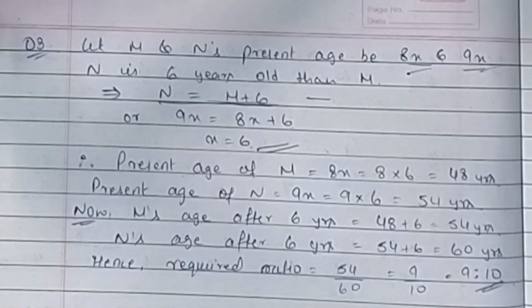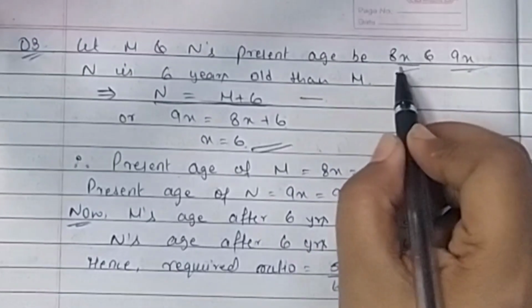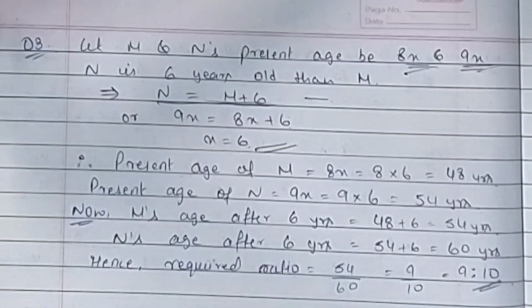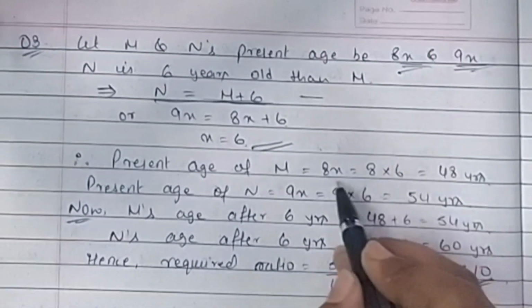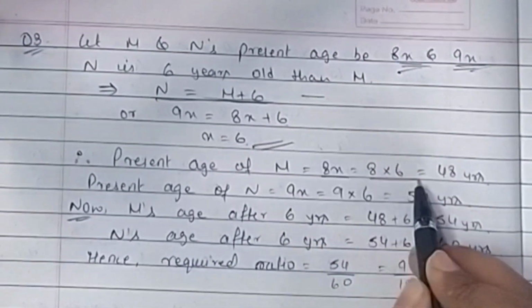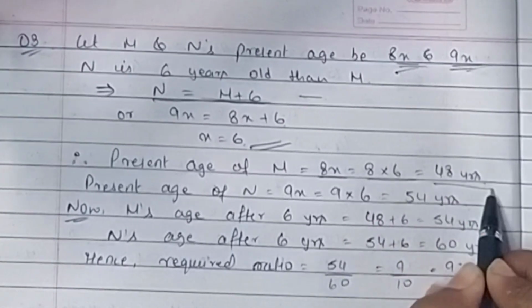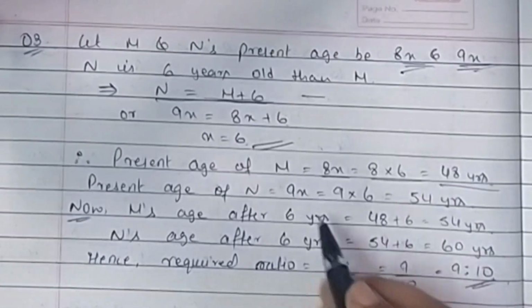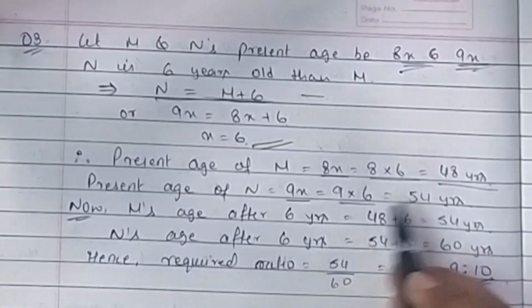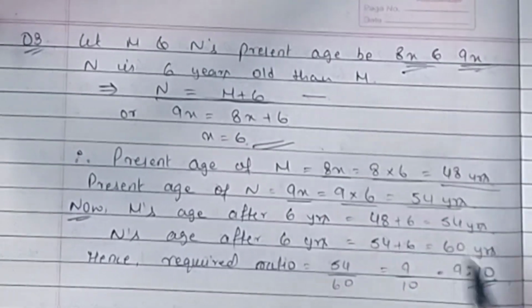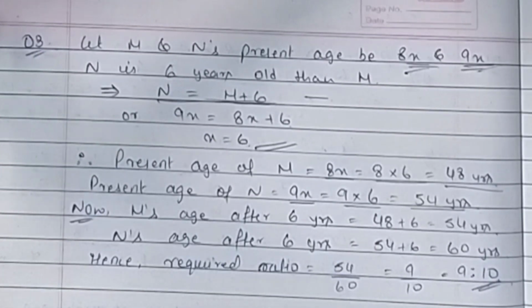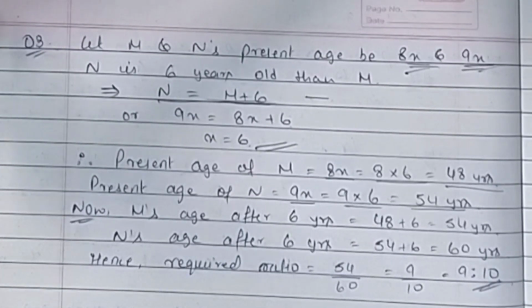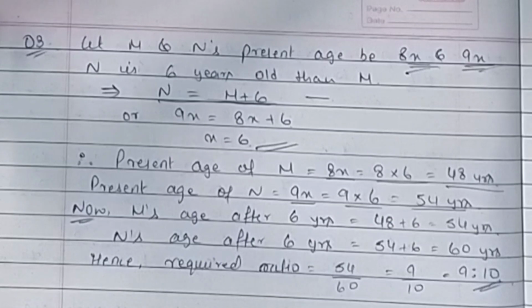Present age of m will be 8x, which is 8 multiplied by 6, equals 48 years. And present age of n will be 9x, which is 9 multiplied by 6, equals 54 years. So the present ages of m and n are 48 and 54 years.